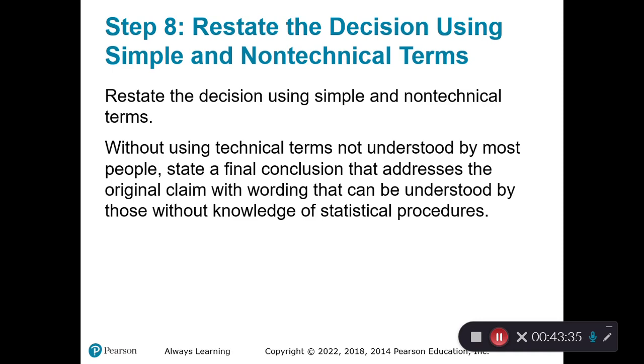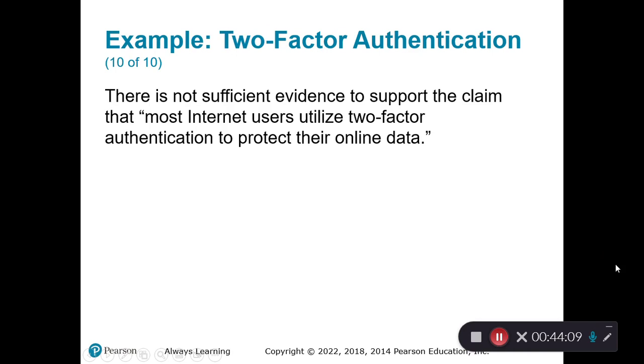So we have insufficient evidence to reject the claim that the proportion of internet users who use two-factor authentication is exactly half, exactly 50%, exactly 0.5. We have insufficient evidence to reject that claim. That also means we have insufficient evidence to support the original claim that more than half did.